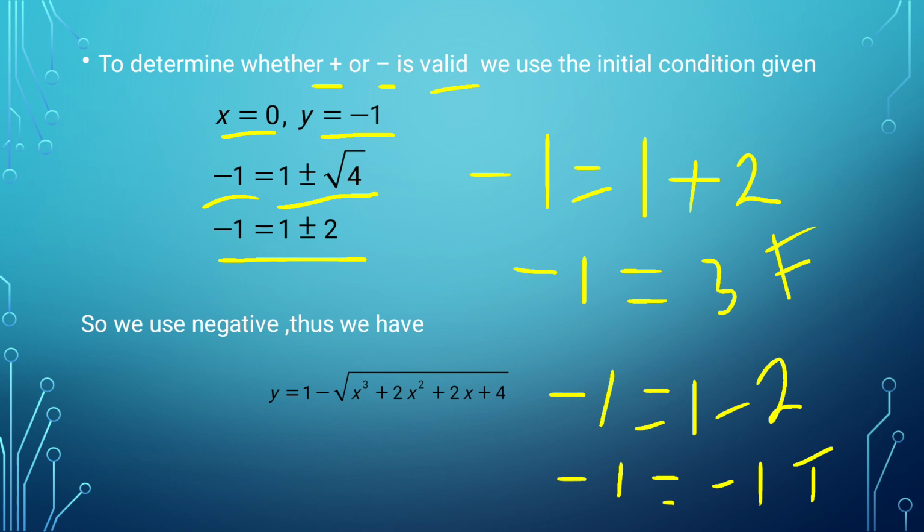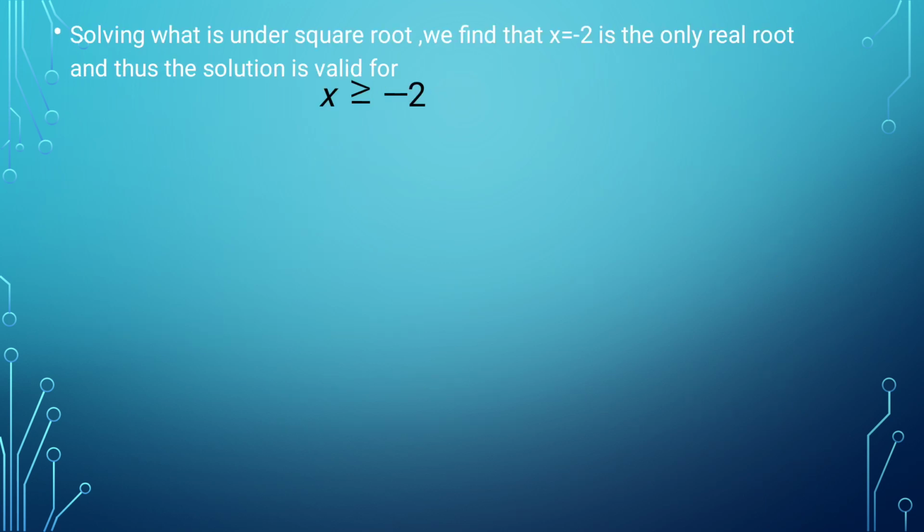So the negative sign is the one which gives us a valid solution for this ODE. So therefore we just omit the positive sign and we use the value in terms of the negative. So we pick negative here because that's what is giving us a valid solution for our case.